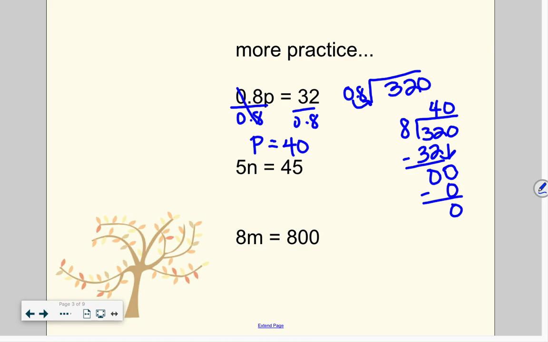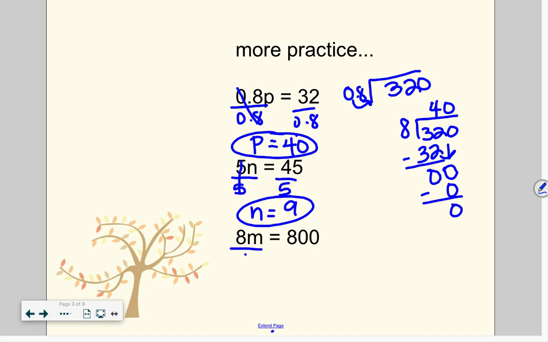Next one, 5n equals 45. What is the opposite of multiplying by 5? Divided by 5. 45 divided by 5 is 9. And 8m equals 800. The opposite of multiplying by 8 is to divide by 8.